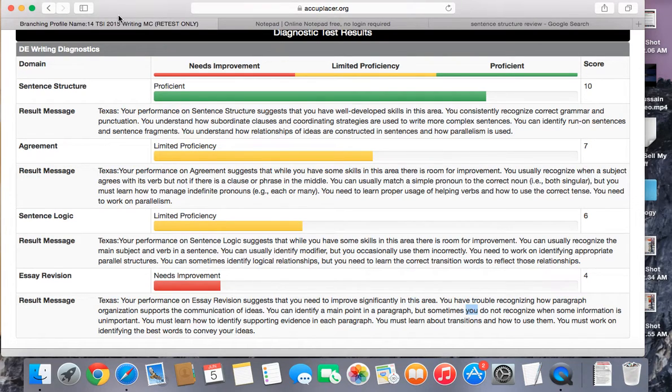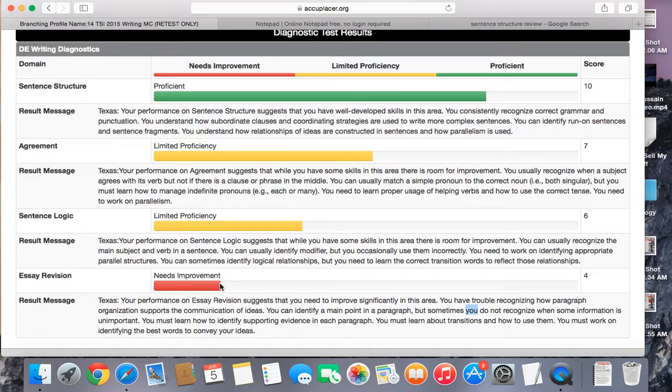Agreement, sentence logic, and revision. Because the thing is, this feels like this is on my essay, but I didn't take the essay. Let me read this result message, for example.